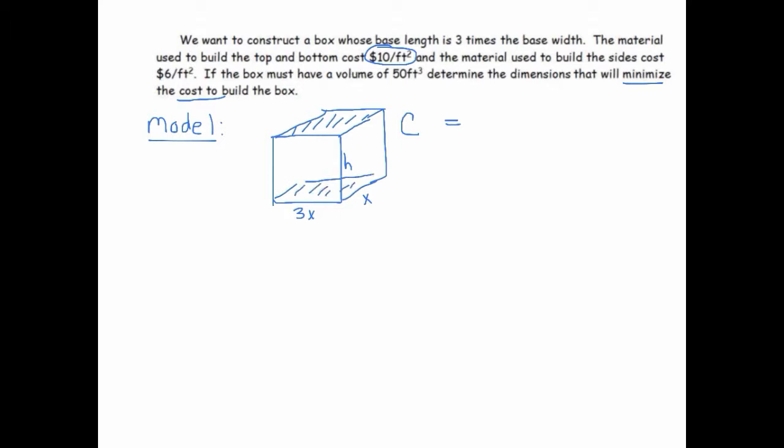So let's figure out the total square footage of the top and the bottom, and then we'll multiply that times 10, and that should give me the cost of the top and the bottom. Each has area of 3x squared, so together they'll have area 6x squared.